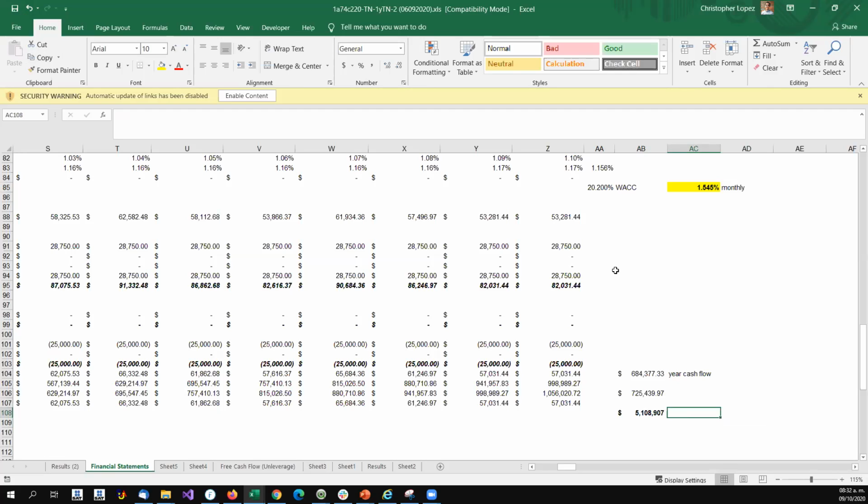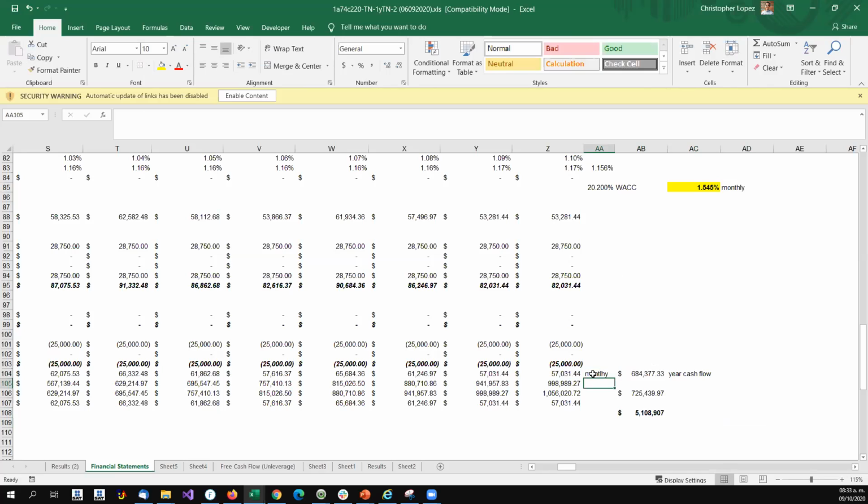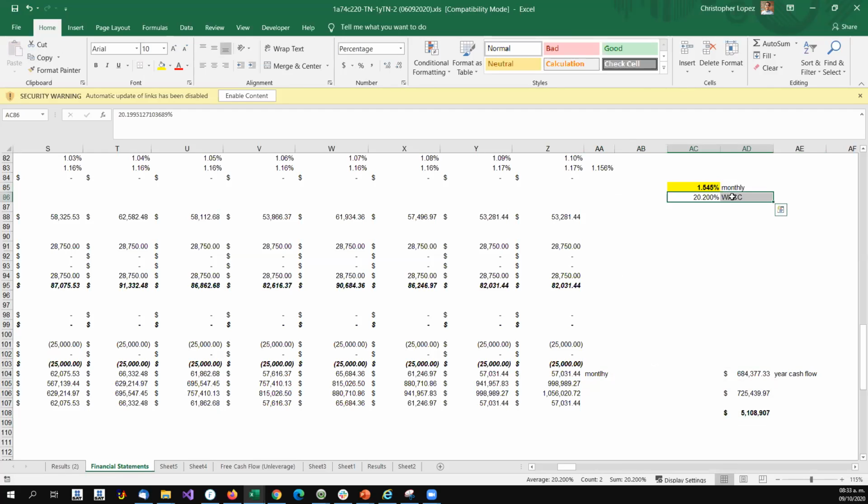We multiplied the first 57,000 by 12. First we multiply by 12 because this is monthly, and the perpetuity analysis is yearly, so we need to take everything to years. That's why we also do this with the WACC, because this WACC was monthly, which is the one generated here. So we turn it into a year.